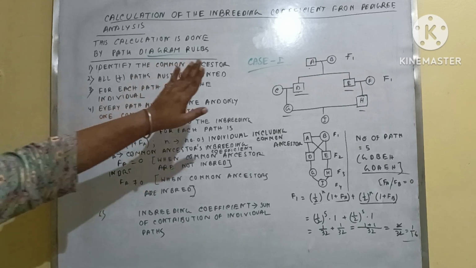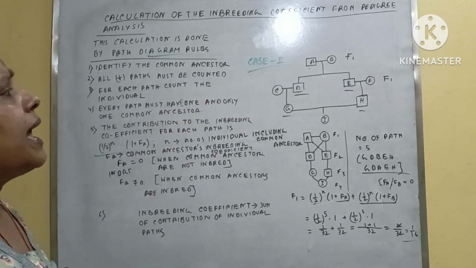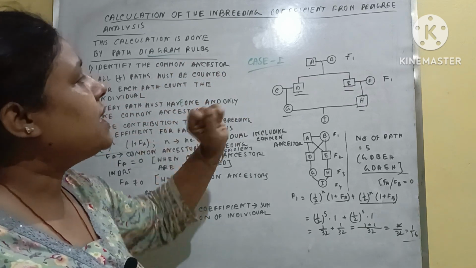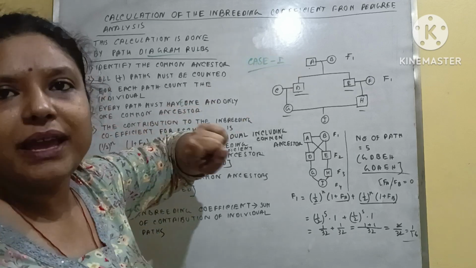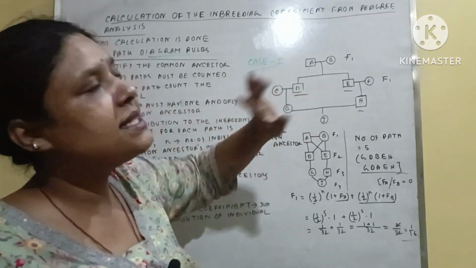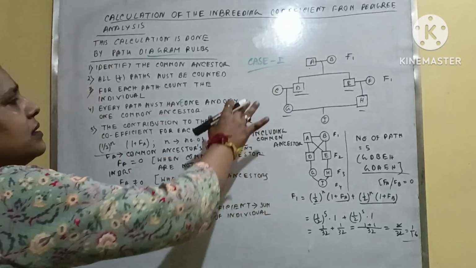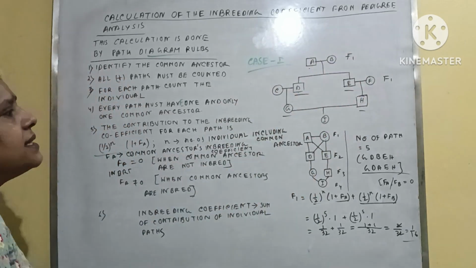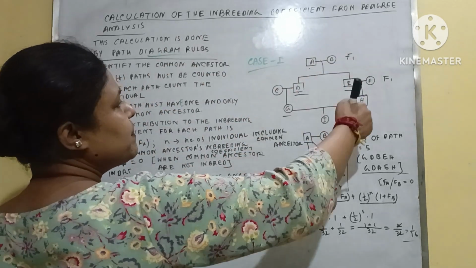And here is the first case. Here the square is the male and the circle is the female, and this is one tree of the pedigree. How to calculate F1 from this pedigree?